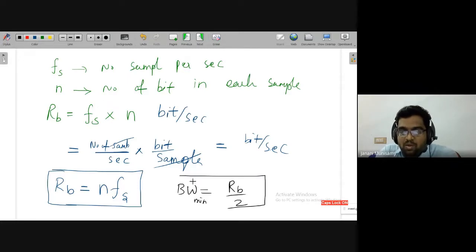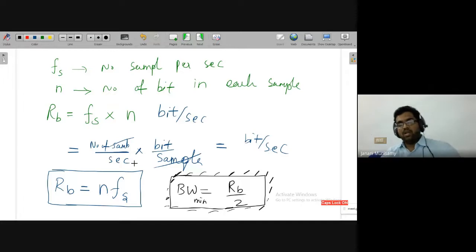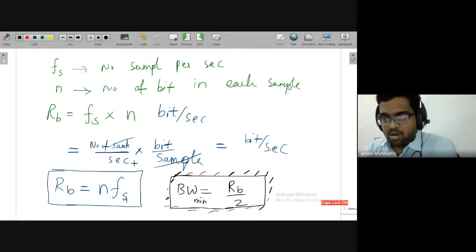Please don't get confused with this. This is valid only for PCM. In PCM, we are finally generating RB, that is n times Fs. Then the minimum bandwidth needed is RB by 2.